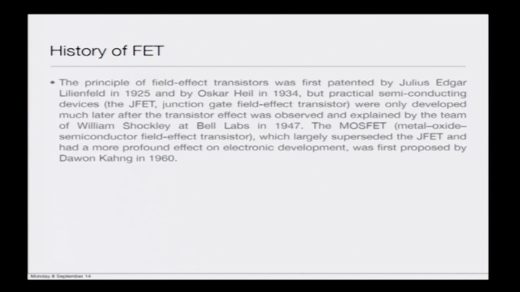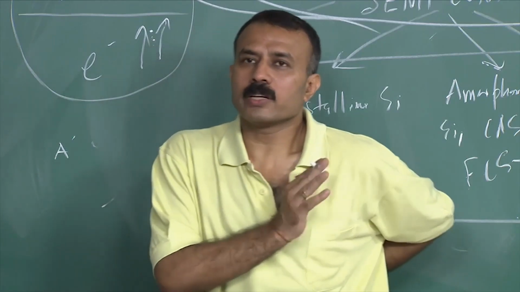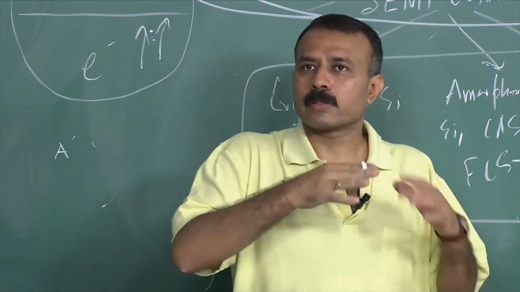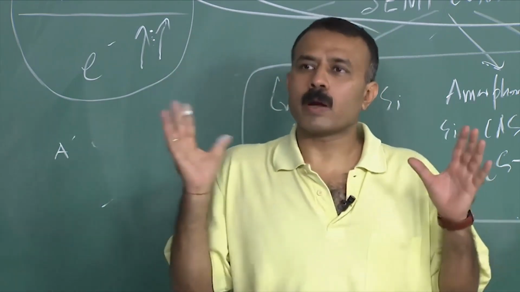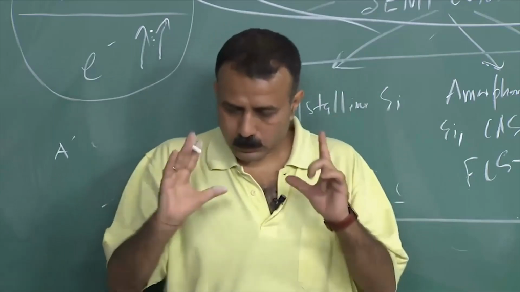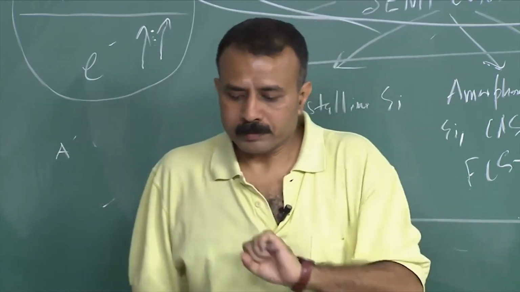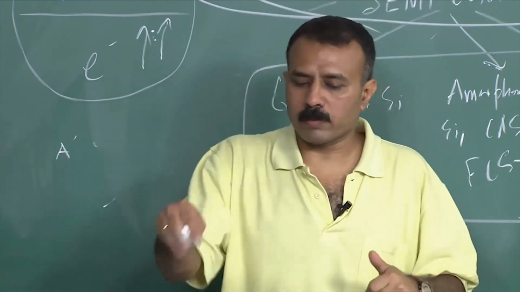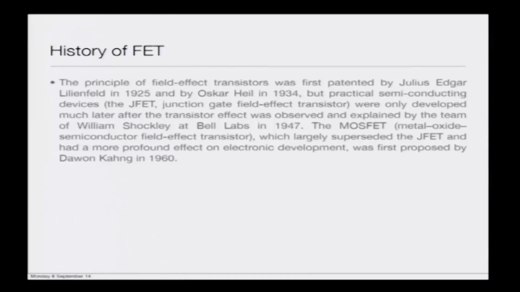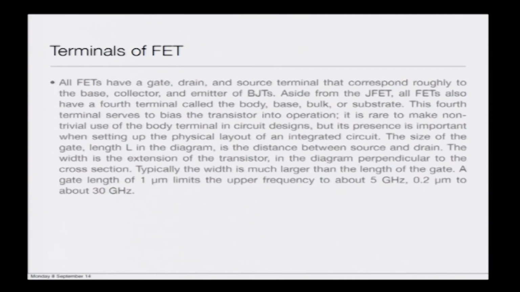So, there is a technology, but it could not pick up because there were manufacturing problems, and problems of getting pure crystalline silicon, which is really tough. This was followed by the MOSFET, or metal oxide semiconductor field effect transistor, which largely superseded the JFET and had a more profound effect on electronic development. It was first proposed by Dawon Kahng in 1960. So, this is briefly the history of FET.